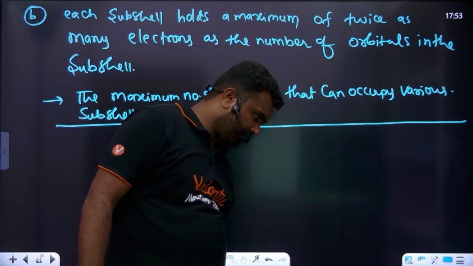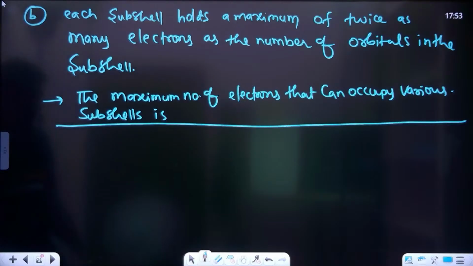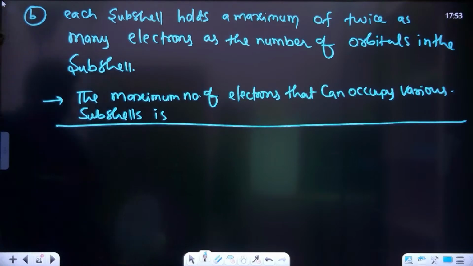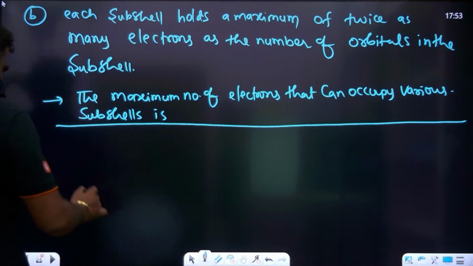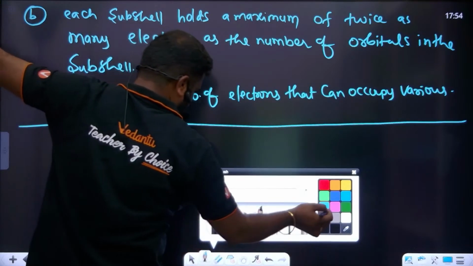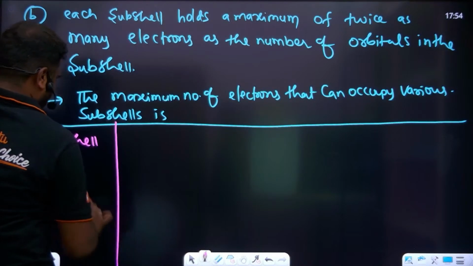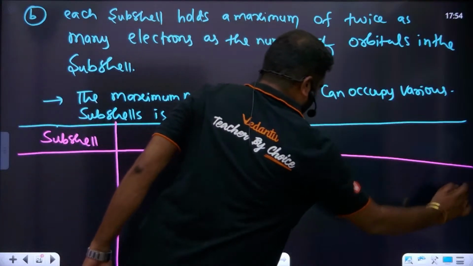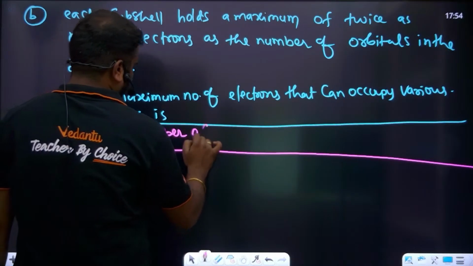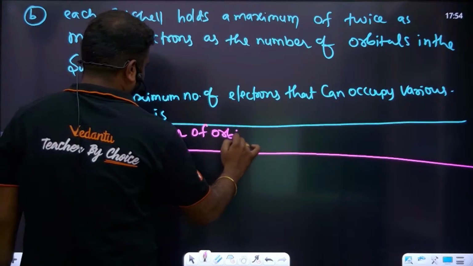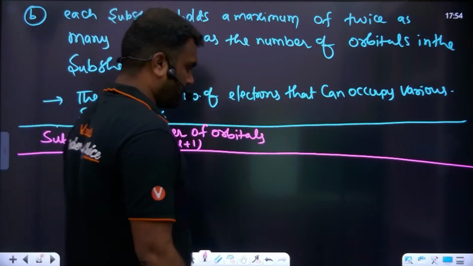Very good, Vani. So here we can write subshell. Next, we can write the number of orbitals, 2l plus 1.